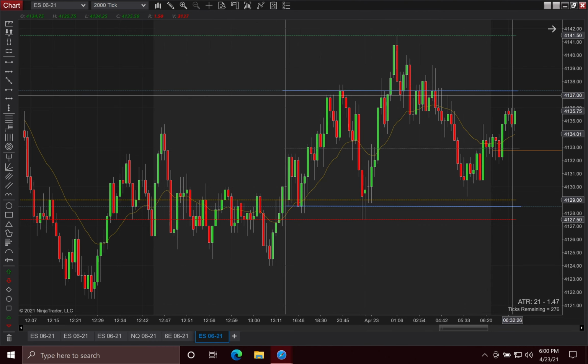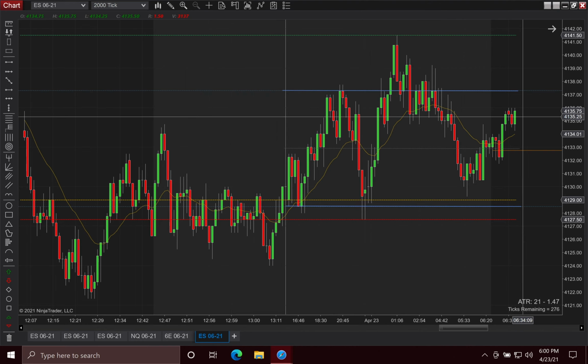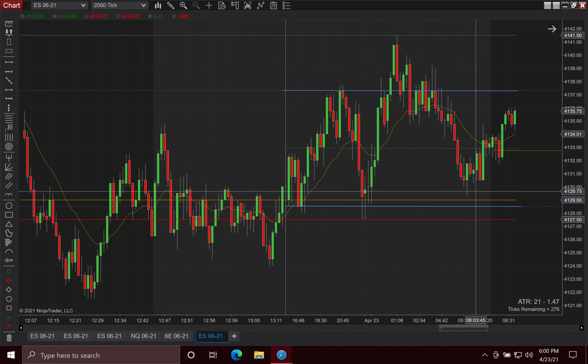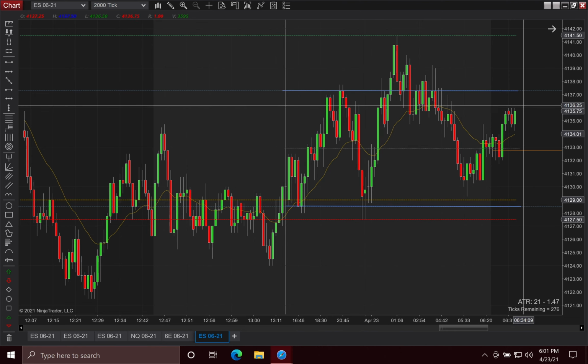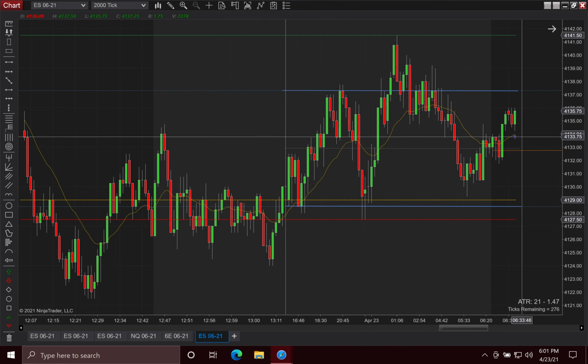So I wouldn't be so concerned about the resistance, but what I do get a little bit nervous about is that we are on this upper side of our range. Generally, we want to avoid going long on the upper side of this range. Typically, if I'm gonna play something like this, I think this is aggressive.